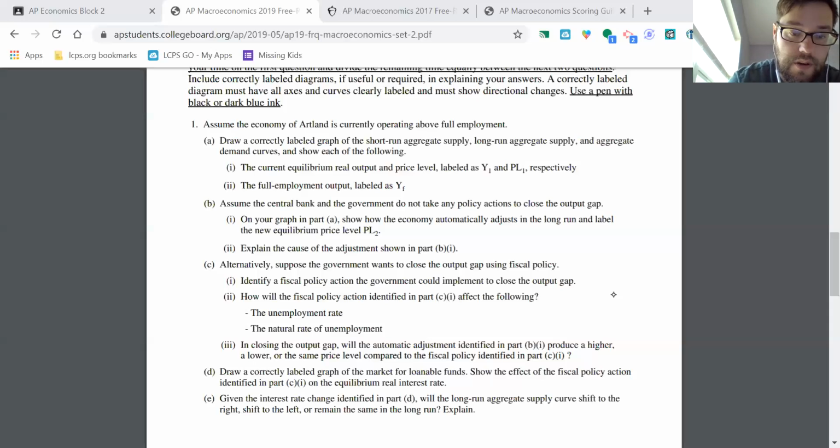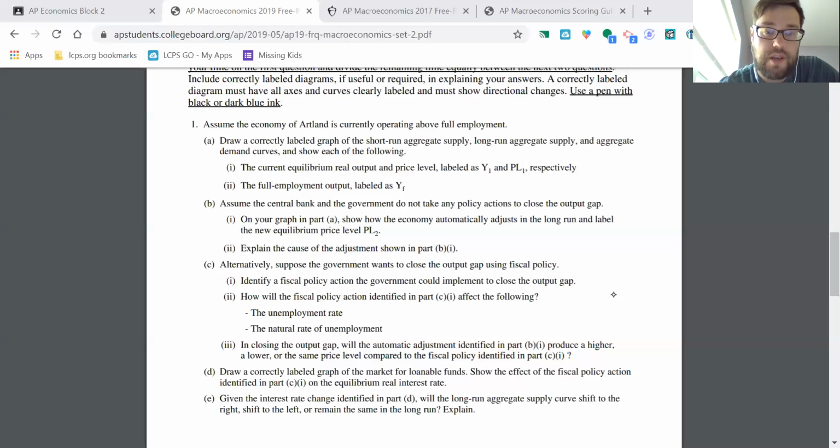This is going to be our output level with the full employment, so Y sub F. They wanted us to label price level PL1, and this is your actual output. The difference here, that's your output gap. You're producing above and beyond your full employment level.